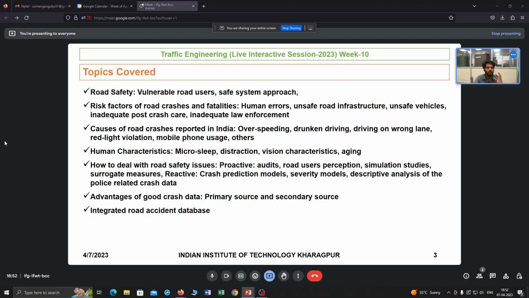So maybe you have to develop some mechanism. Suppose a road accident occurs, you should have a helpline number so that people can reach out, and ideally an ambulance should come and take the victim to a nearby hospital. And this total time should not be greater than 1 hour, which is called the golden period, right? So based on the literature.